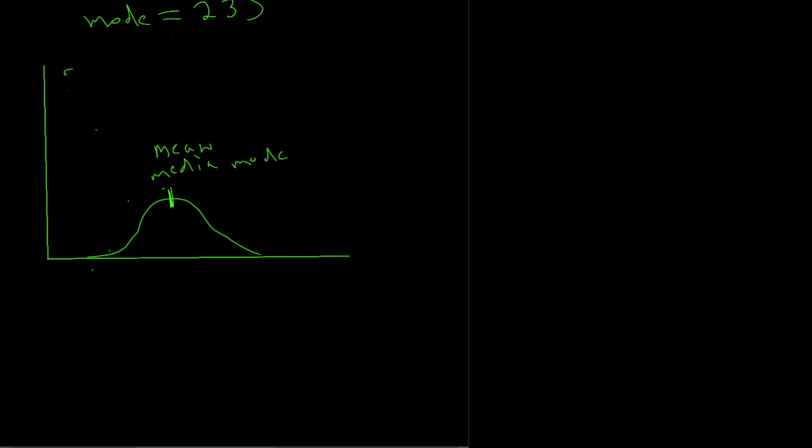And so we call this a symmetrical distribution. In a perfect distribution, they would be the exact same value. In general, they're really close. They're off only by a small amount compared to the size of your data range and your data values.